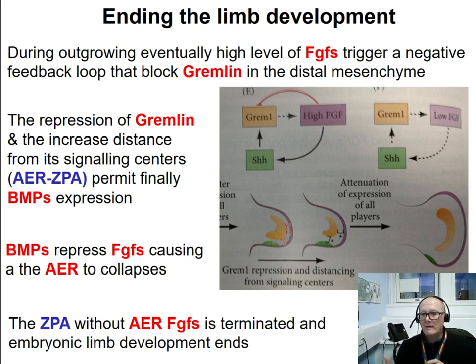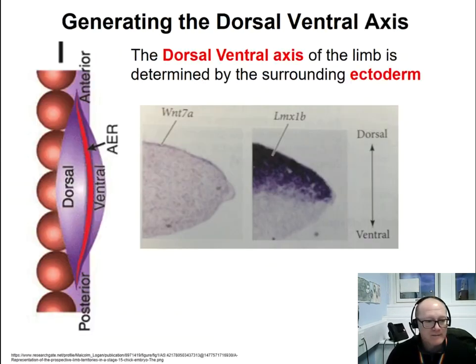So when both the ZPA and the apical ectodermal ridge are shut down, the embryonic development of the limb is terminated. So at this point the limb is elongated, the digits are formed or are in the process of forming, but they cannot be sustained for fast outgrowing of the limb anymore.